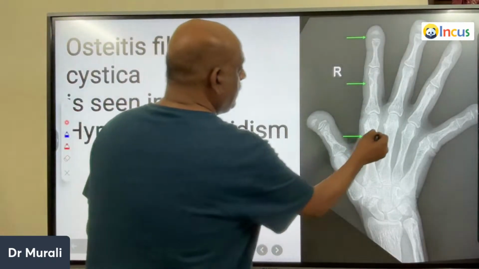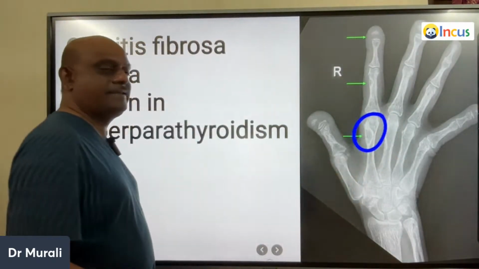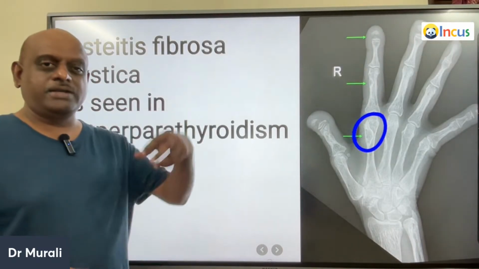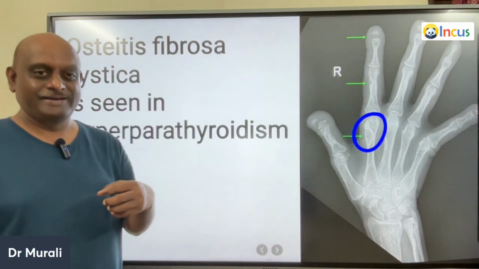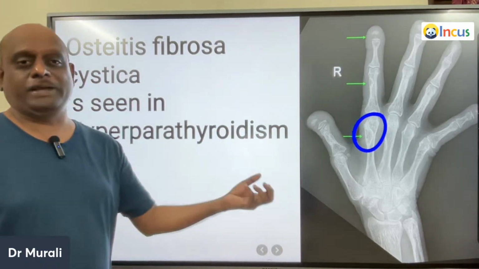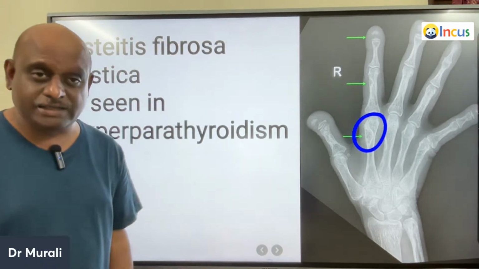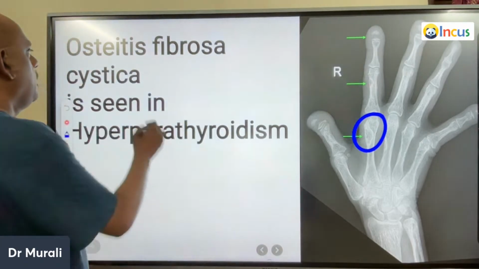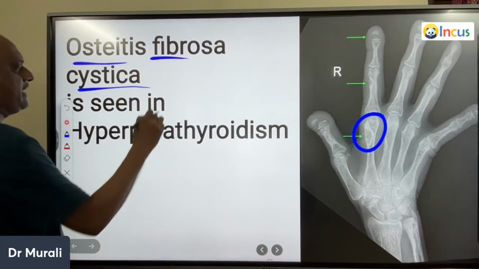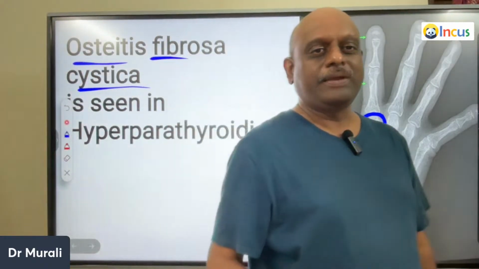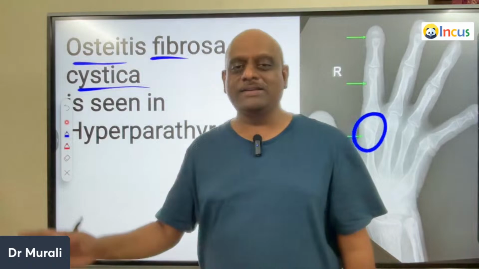Then, whenever hyperparathyroidism is there, parathyroid, what will it do? It will lead to the dissolution of the bone. So, that leads to a cystic appearance of the bone because of its dissolution due to excessive parathyroid hormone. It is called osteitis fibrosa cystica, which is seen in case of hyperparathyroidism.